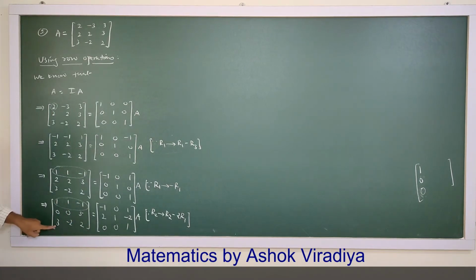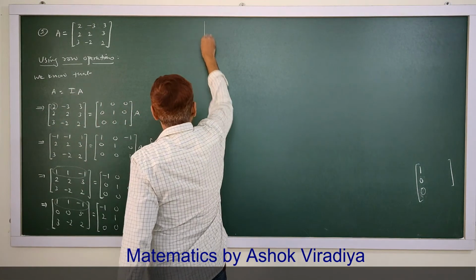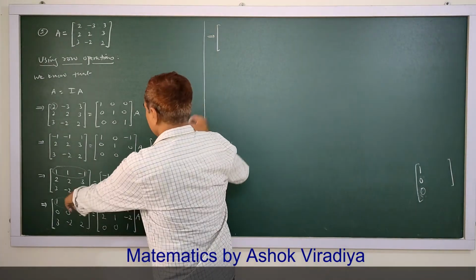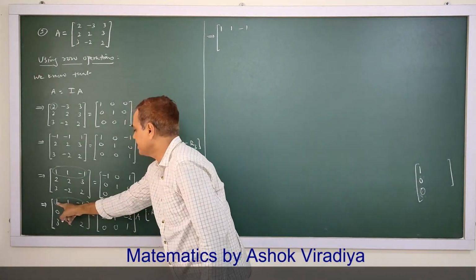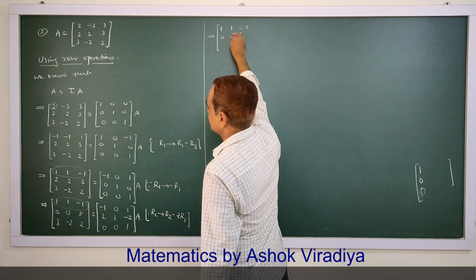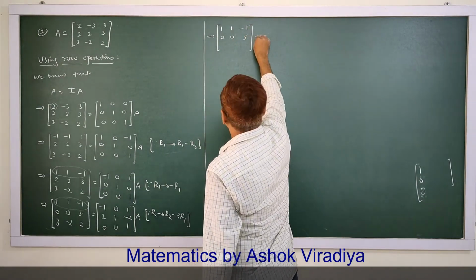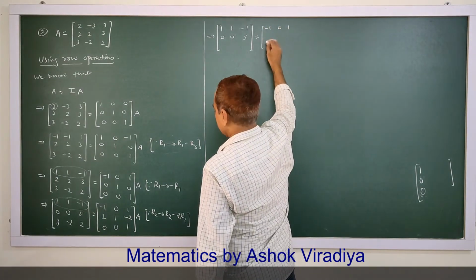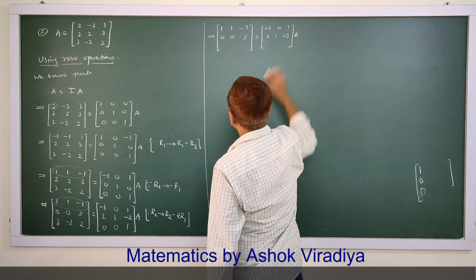Multiply by 3, subtracting here, this can be 0. So that is equal to 1, 1, minus 1. Multiplying by 3, the second line also will be as it is. 0, 0, 5. Here, minus 1, 0, 1. 2, 1, minus 2 into A.